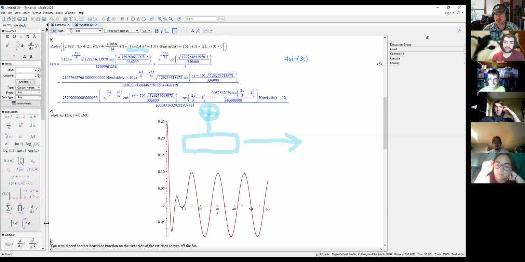Yeah. So then my question to you is, does it matter whether we have a shifted switch situation or not in terms of what happens when t equals 10? Because if I plug in t equals 10 to this, 4 times sine of 3t, I'm just making up the numbers, that is not equal to 0 when t equals 10.